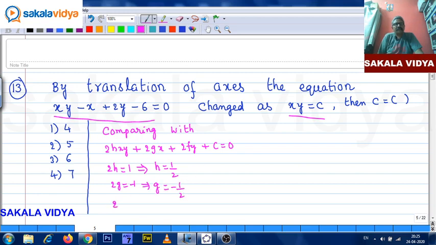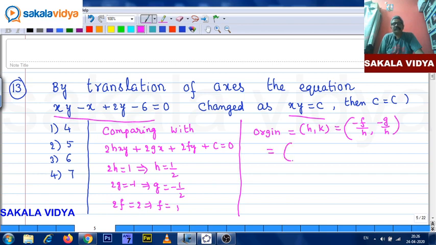Next 2f equals 2, f is equal to 1. Now the origin, that is h comma k, equal to minus f by h comma minus g by h.